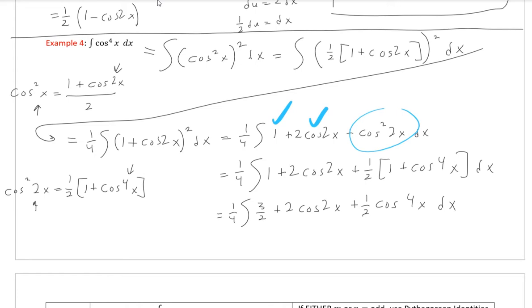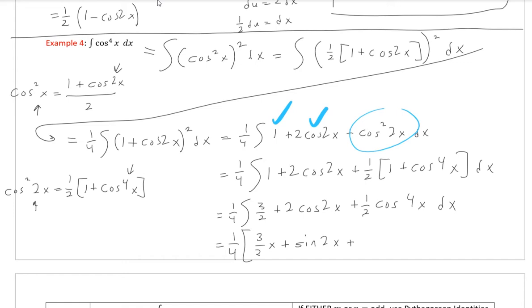And now I have all my terms, and I should now be able to integrate because they're singular cosine terms. So we get 1/4 times 3/2 x plus, when I do this cosine, I'm going to get a sine of 2x, and that 2 is actually going to get divided down, so I get sine of 2x. Again, just like before, it would be multiplied by 1/2, so that's why I get that.